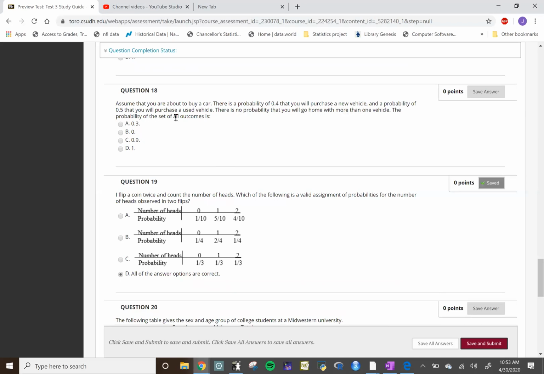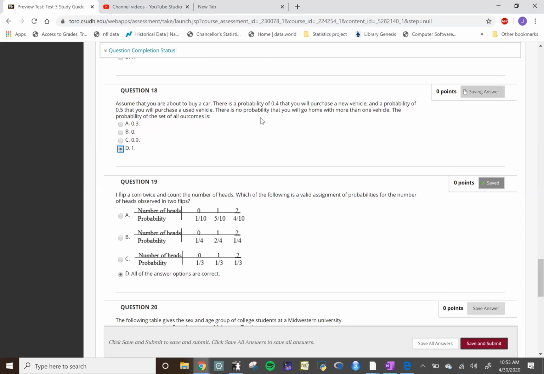The probability of the set of all outcomes is... If I have all the different outcomes, what should it add up to? Not 0.9, it should actually just add up to 1.